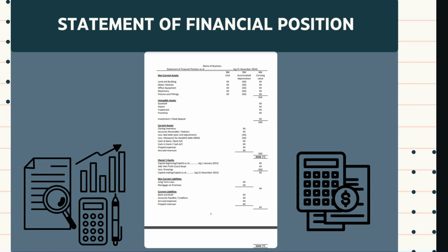The balance sheet not only shows the financial structure of a company, but also helps investors, creditors, and management make informed decisions about its future. Ultimately, the statement of financial position is a crucial tool in understanding a company's stability, potential for growth, and also overall financial health.